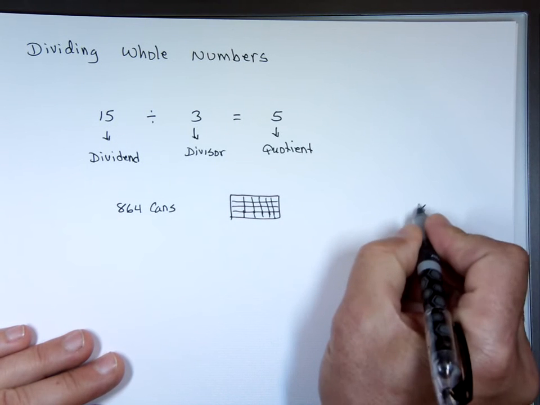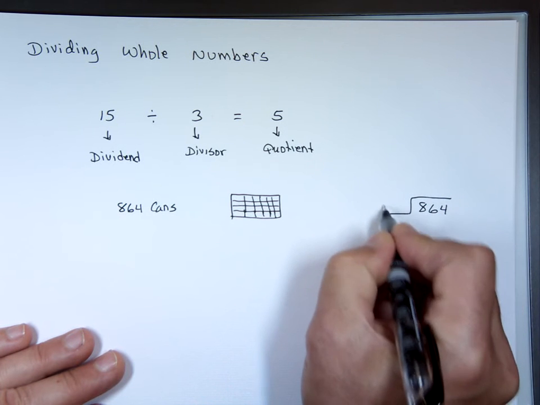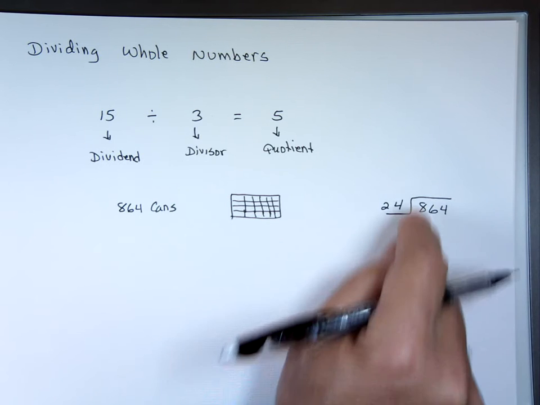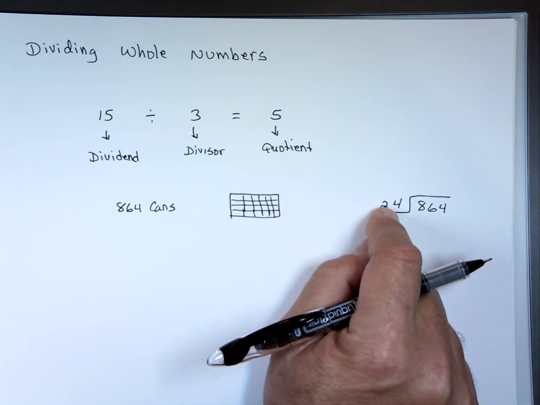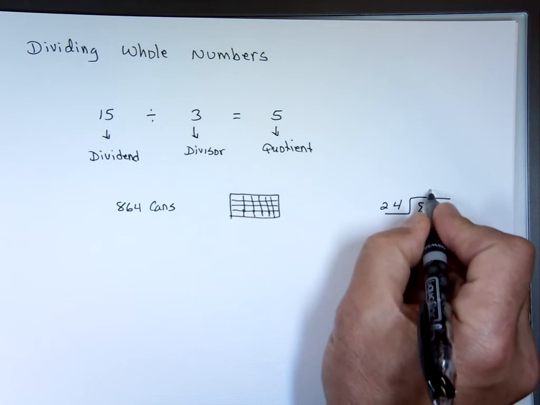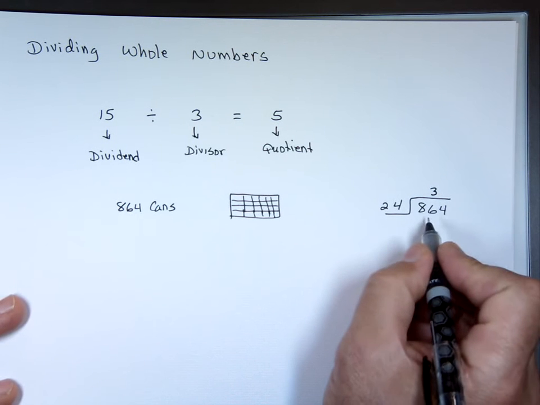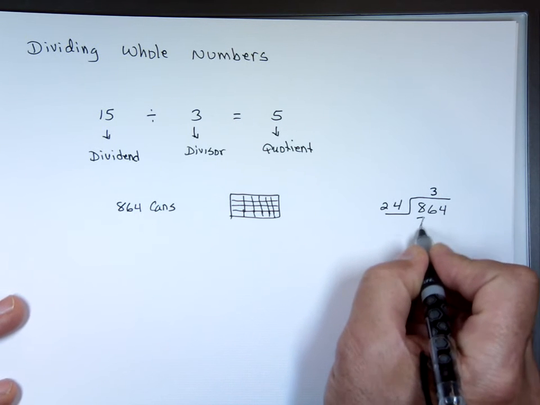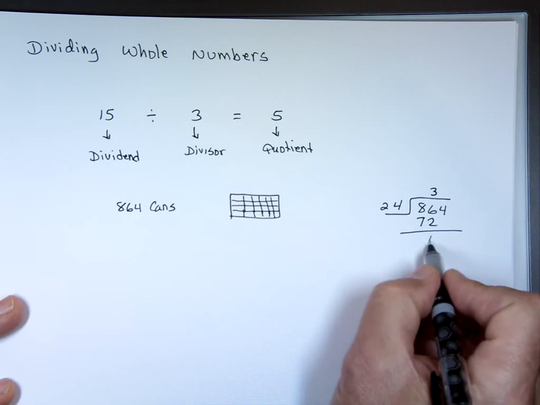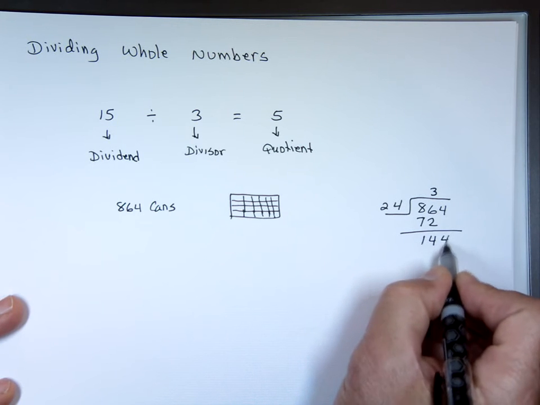So we take 864 divided by 24, since each box holds 24. Can you divide the 8 by 24? No. How about the 86 by 24? Maybe 3. 3 times 24 is what? I think it's 72. Notice we subtract: 2 from 6 is 4, 7 from 8 is 1, and bring this one down.